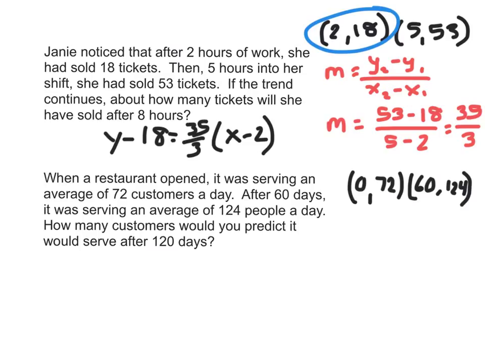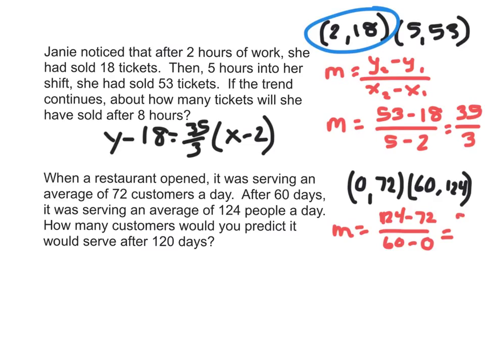Once again, we would need to find our slope. So we're going to say m equals, I'm not going to write the formula out, I'll just write the second y value minus the first y value over the second x value minus the first x value.